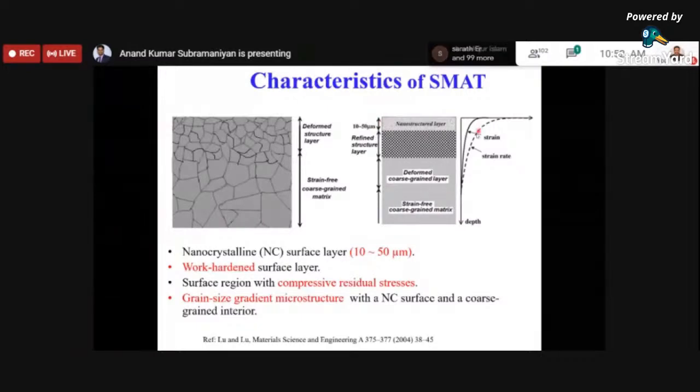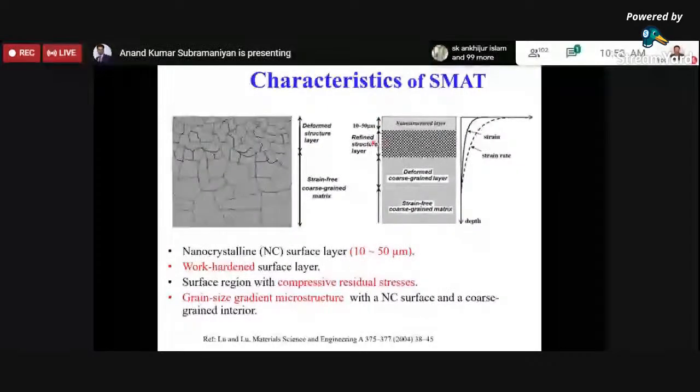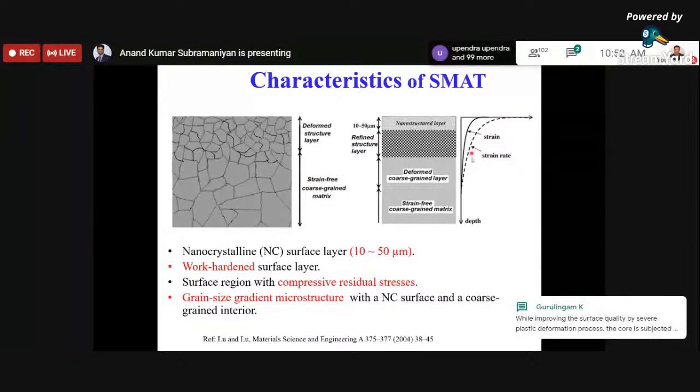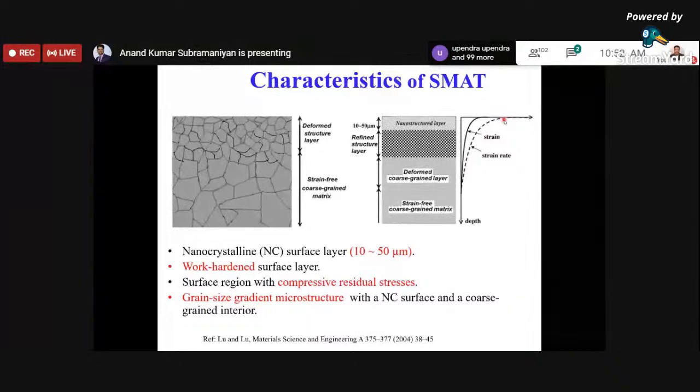And then beneath that you will have a refined grain structure, because you still have this strain acting onto this zone, and there will be a deformed coarse grain layer, and then eventually you will have an unaffected coarse grain matrix. And you will also see that the strain rate will be significantly high, and that's how this severe plastic deformation mode is actuated.